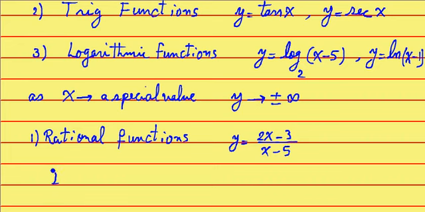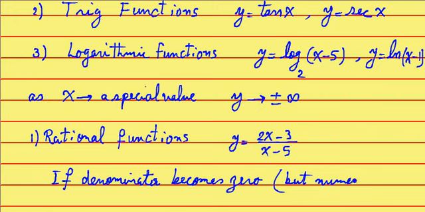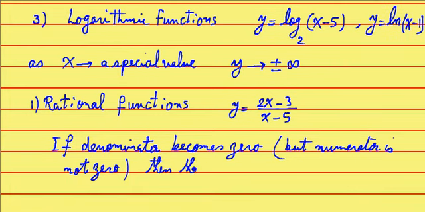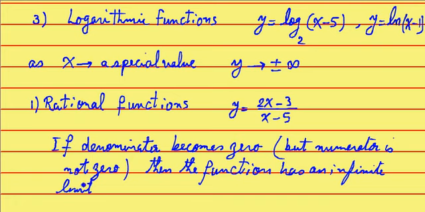So if the denominator becomes 0, but the numerator is not 0, then the function is going to have an infinite limit and an asymptote at the point where the denominator became 0.